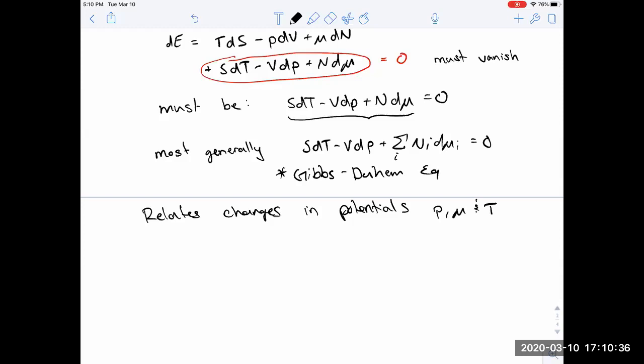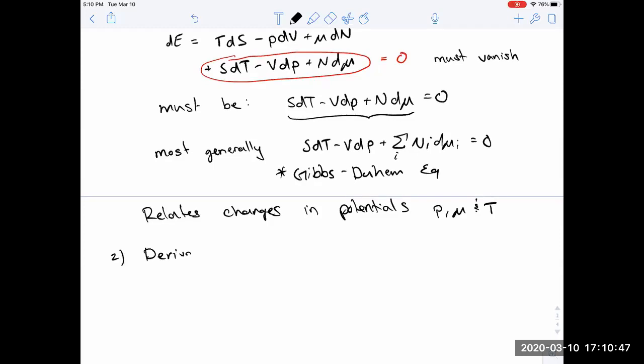That's really useful if we wanted to, for example, work out how derivatives involving two different potentials are related. That brings us to our second implication. Take, for example, how the chemical potential changes with temperature at fixed pressure.